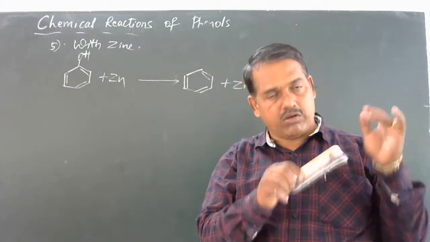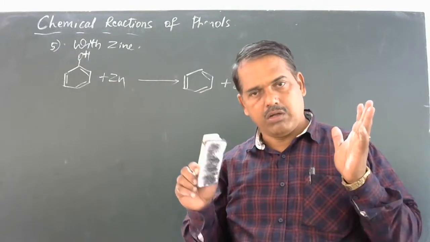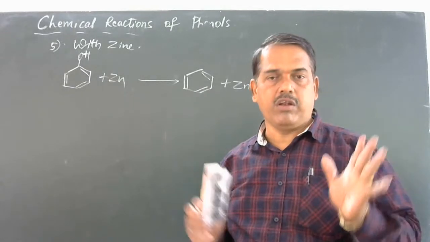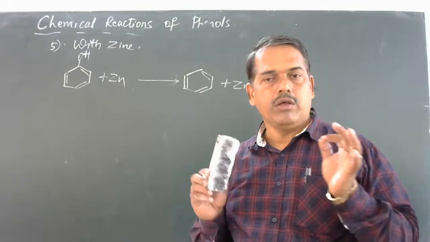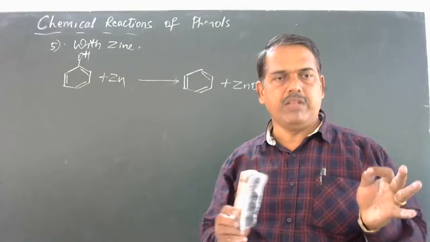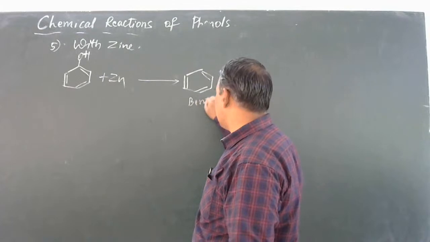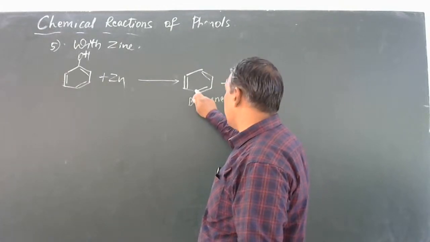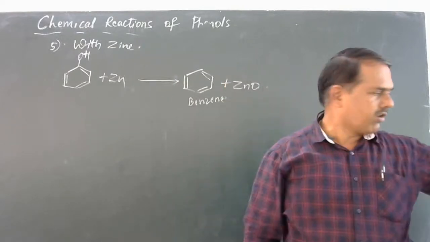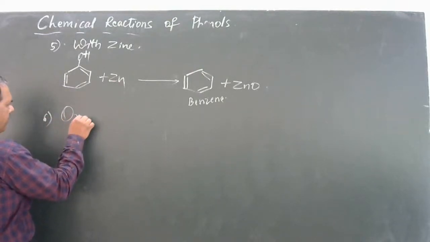The more electronegative oxygen, which is attached to the sp2 hybridized carbon atom of the benzene ring, is removed. So this is a special reaction. When phenol is distilled with zinc dust, benzene is obtained. And this reaction is nothing but a reaction with zinc. Okay, then we shall study the oxidation reaction. See, oxidation of phenol.